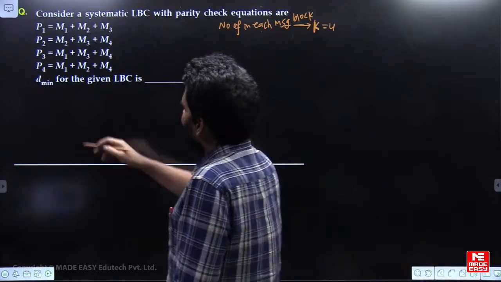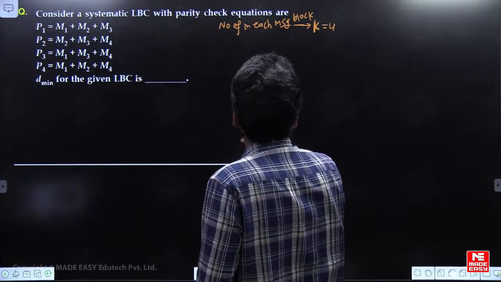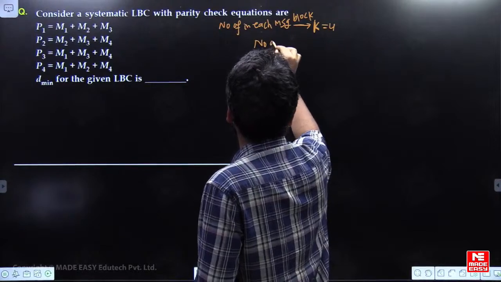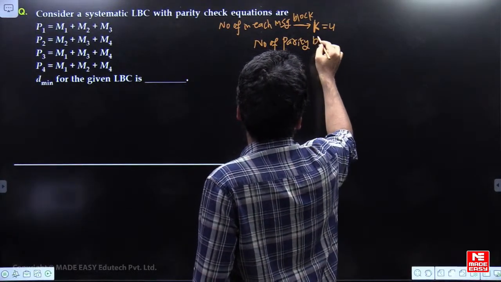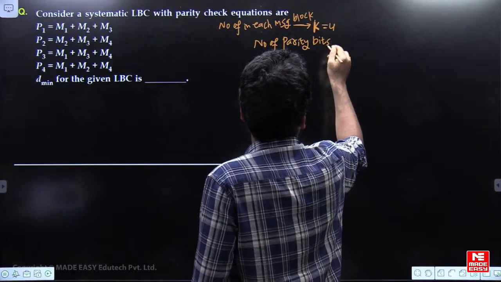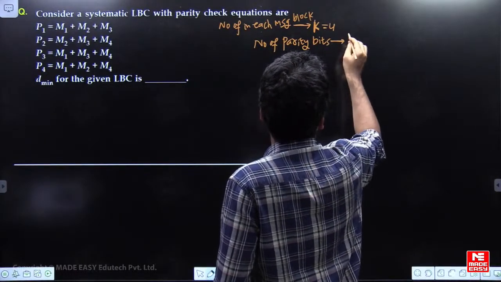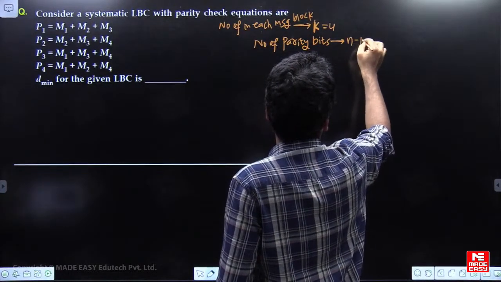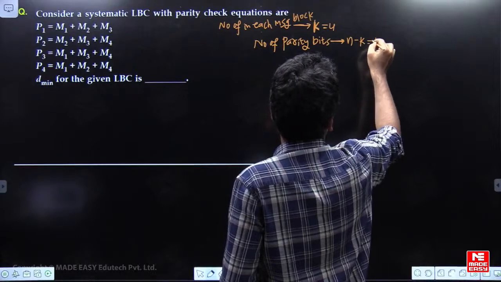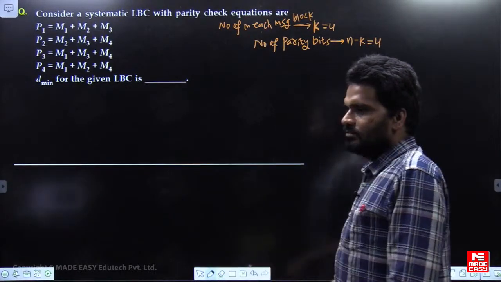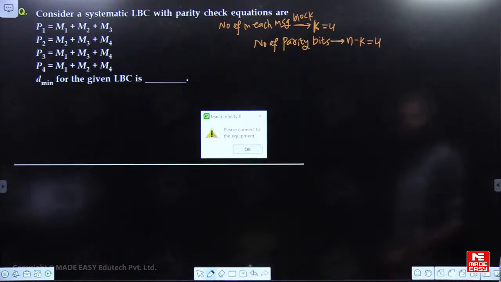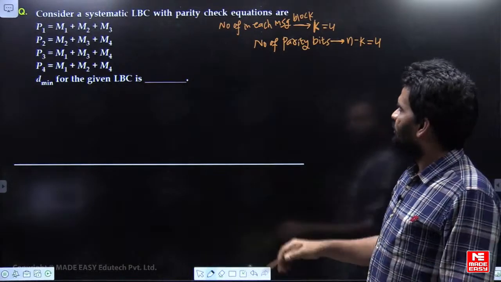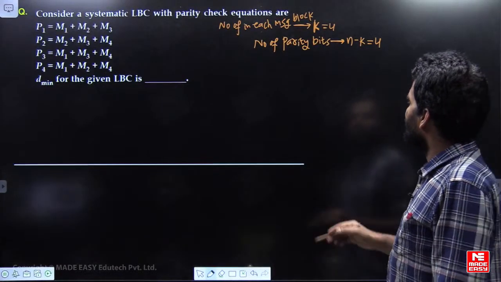And how many parity bits? Parity bits also 4. Number of parity bits we denote with n minus k, that is also 4.